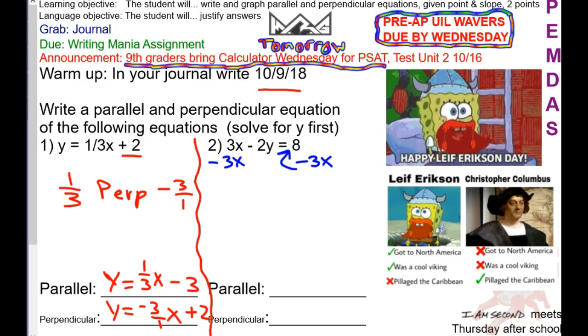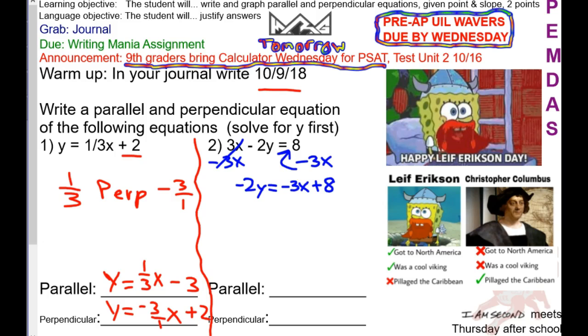The negative 3x is going to go in front of the what? Right. We're going to cancel those out. So the 3x minus 3x, goodbye. What do I bring down here? Okay, good. Negative 2y, don't forget the negative, equals negative 3x plus 8.